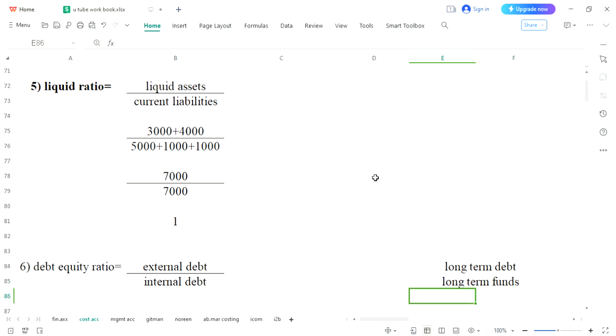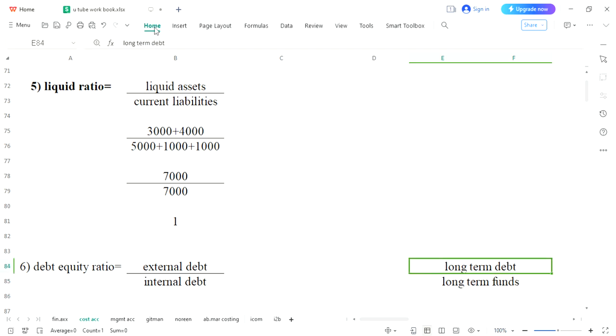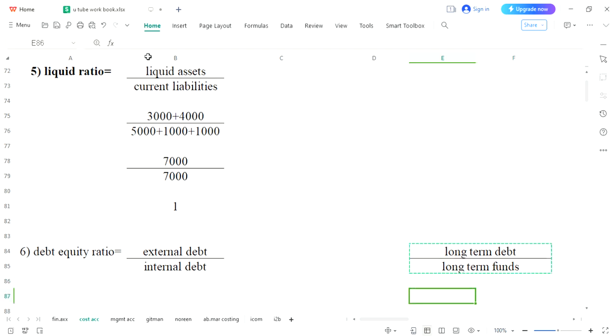Okay, long-term debt over long-term fund, this is our third formula. And the second formula which we will use, I'm taking copy from here over here. No, it's not copying.